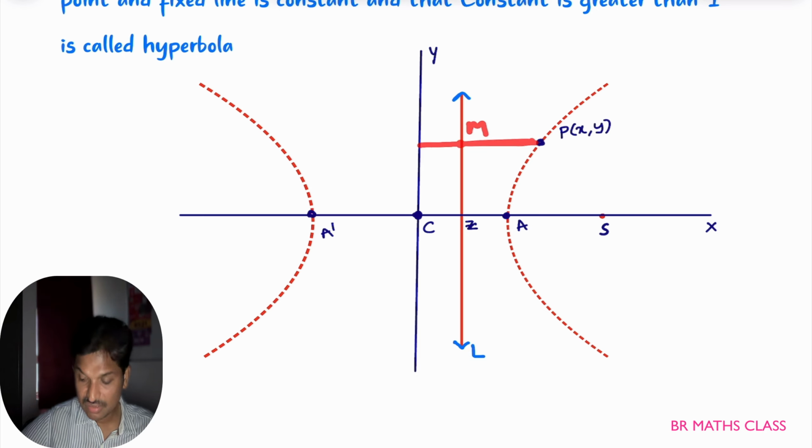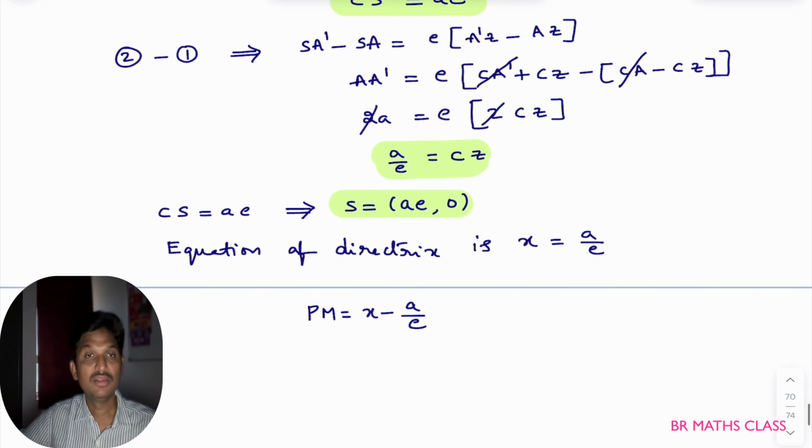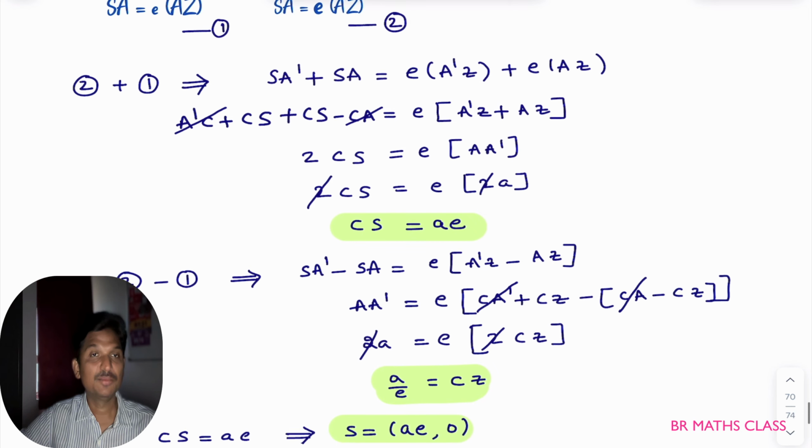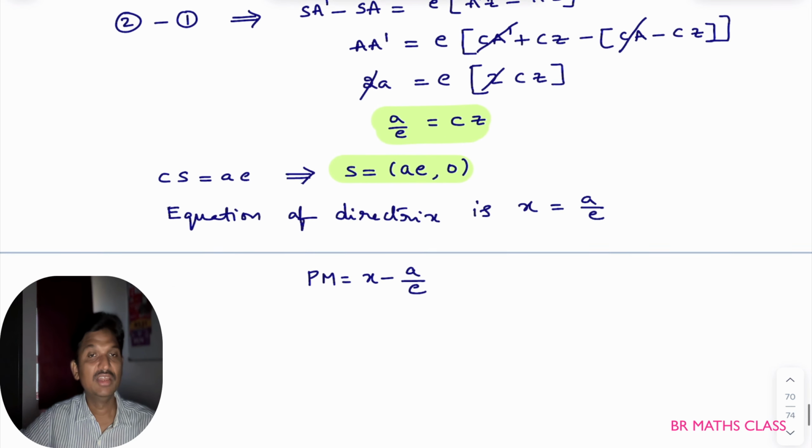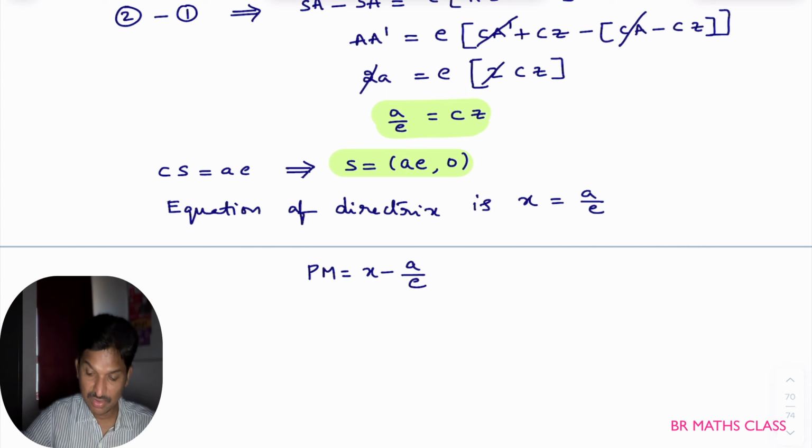As this full length is x, and as you know CZ is a by e, PM is x minus a by e. With this, the second part is over. See, the second part started from here, equation 2 plus equation 1. And in this we got S and we got this PM.